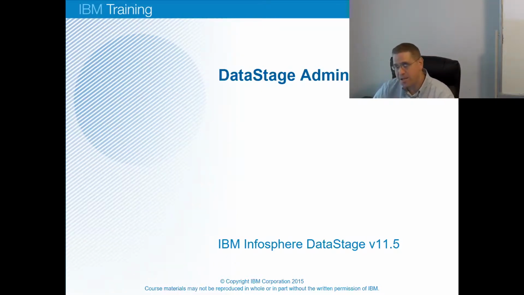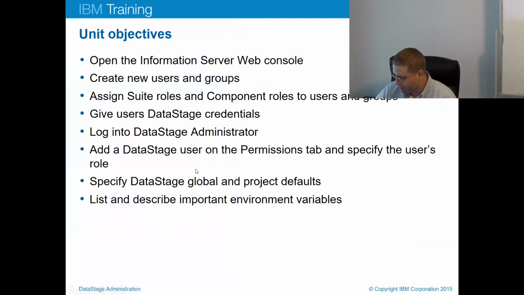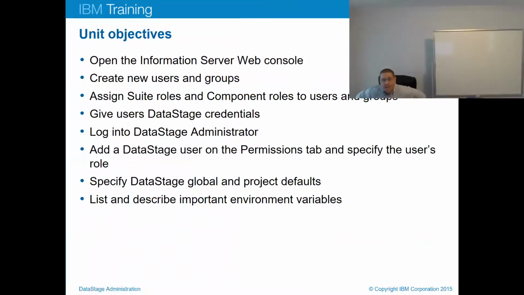For us as developers, we see that reflected in what has to be done in order for us to build our jobs. And so in this lecture, we're going to look at what it takes to configure your project at each of those layers. So we start with the web console.